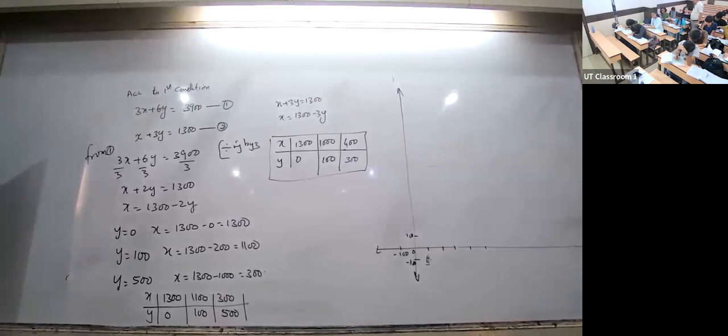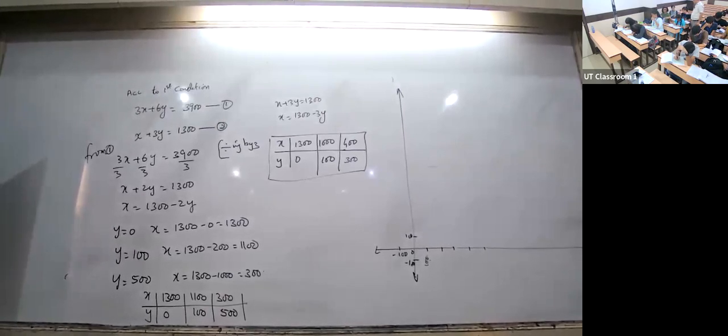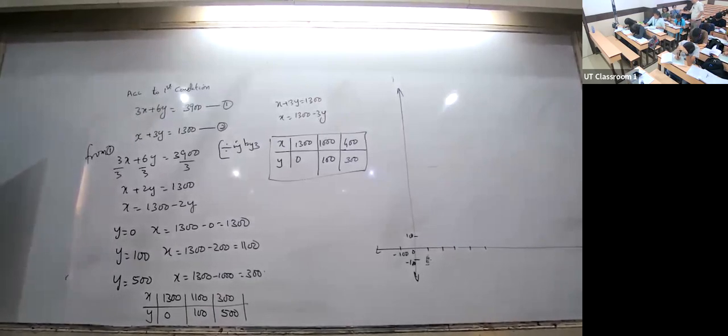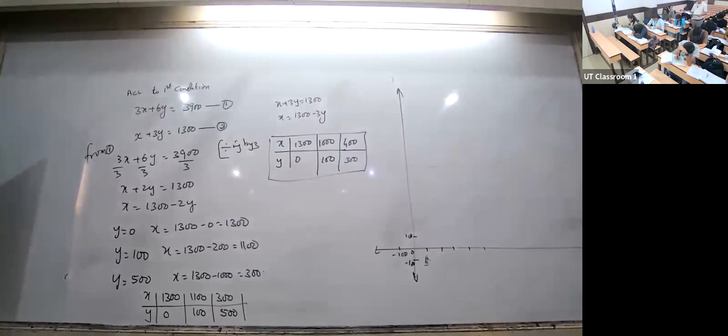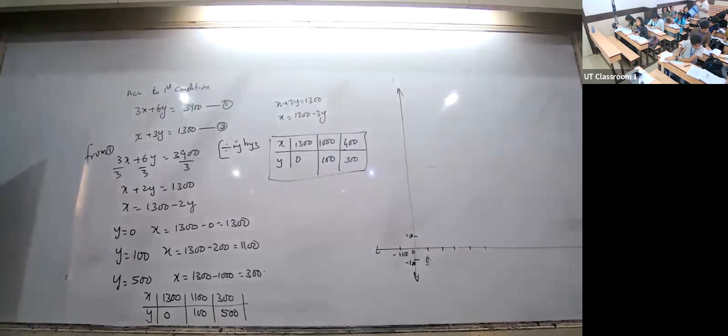Where is your graph? Show it to me. It looks like the graph is wrong. When the line is there, what you have to do is give the pencil. You have to put an arrow on both sides. And where is the equation?